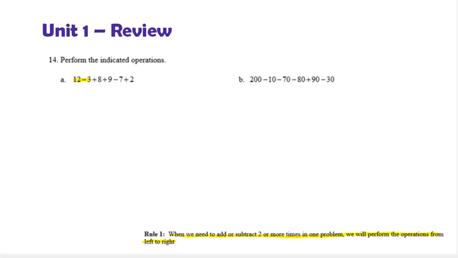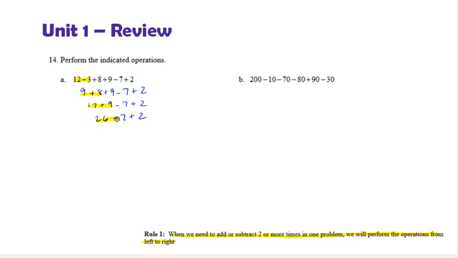So I'm going to highlight each operation I perform and then write down the rest of the expression each time so I make sure I don't miss anything. Next we have 9 plus 8. Next we have 17 plus 9, which is 26.